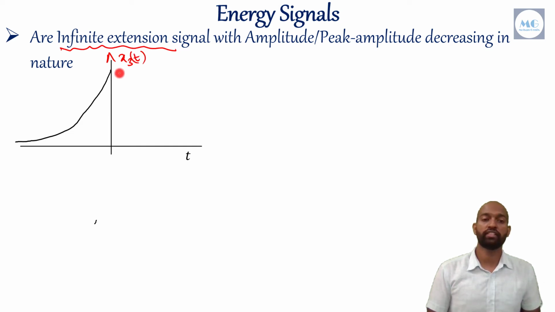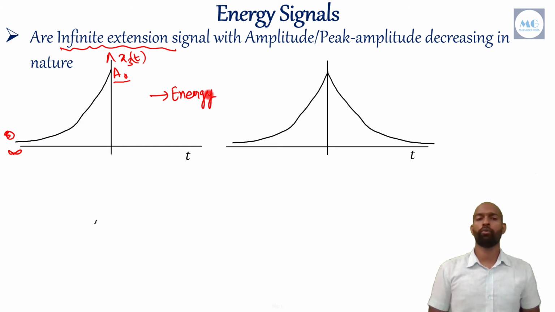An example of this is x3(t). We can see that x3(t) is approaching 0 for infinite time. Its peak amplitude, A naught, is decreasing in nature. So this infinite duration signal is an energy signal. Very easy.